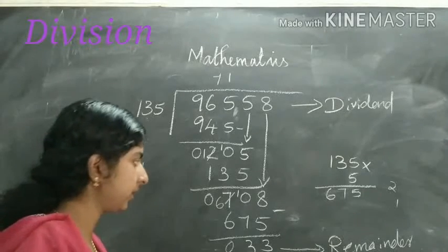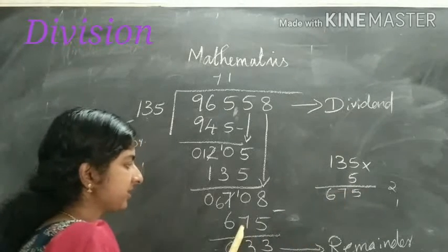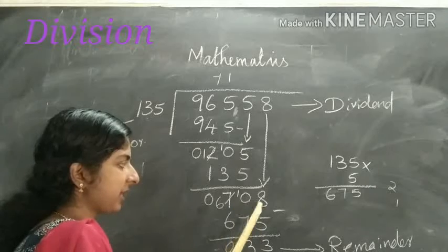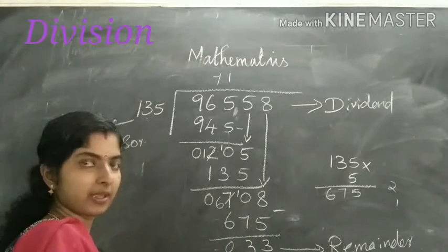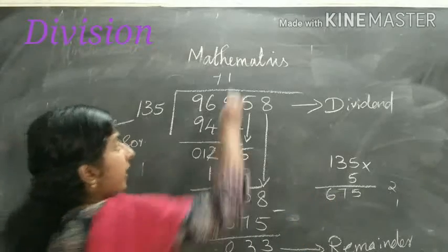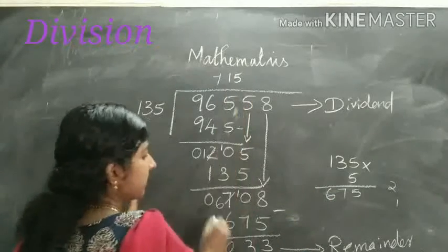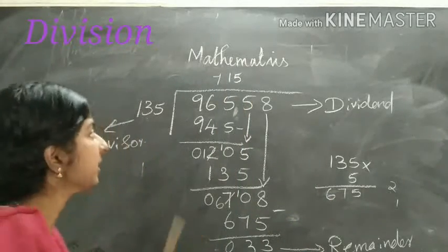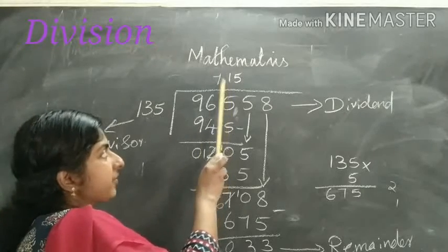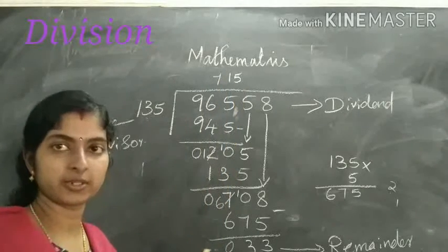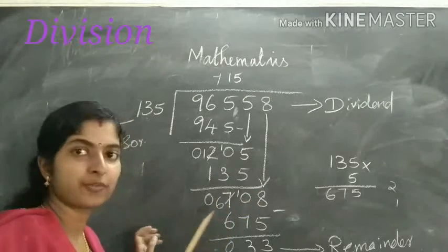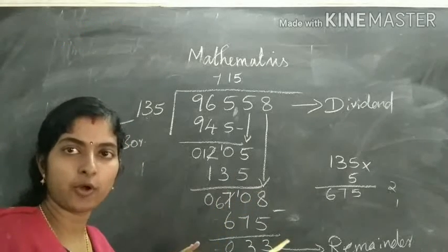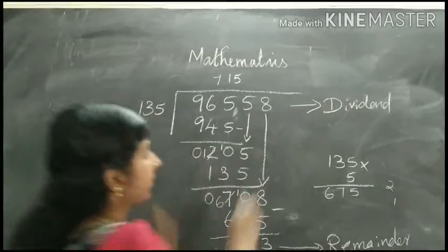Okay. Here 5 times 135 is 675. 708 minus 675, 33. Here this 715 is the quotient. Now you want to check the answer. Whether the answer is correct or wrong, you have to check this way.